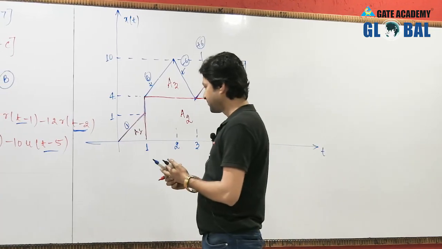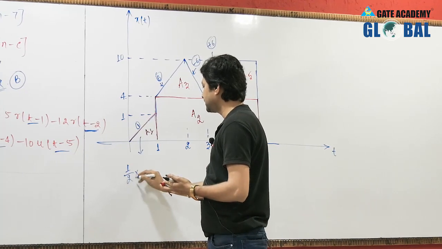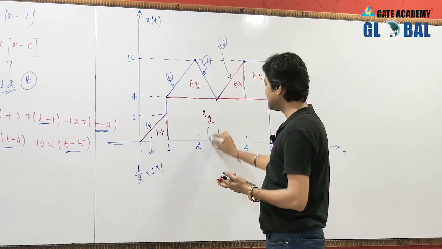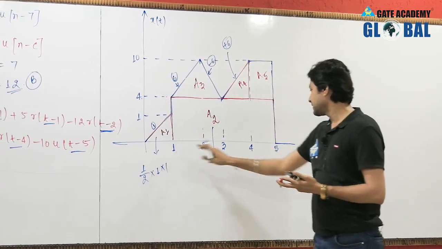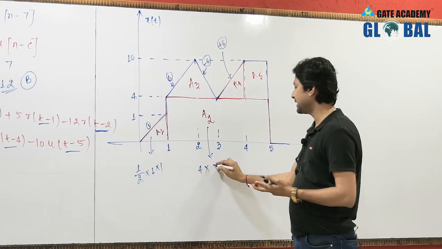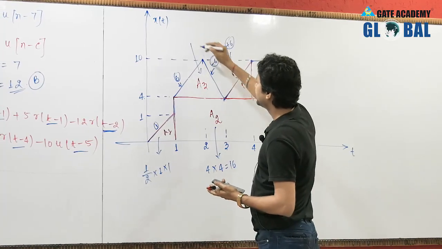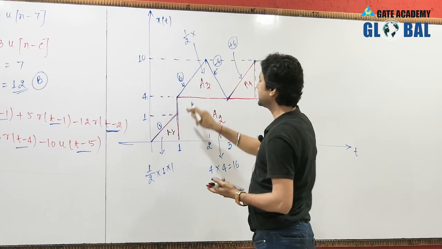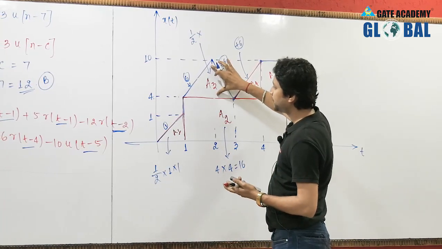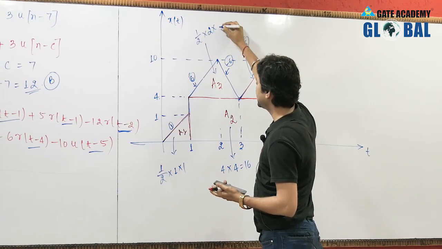So A1 is what? A1 equals 1 by 2 into width of the triangle, which is 1, and height, which is 1. Therefore, it is 0.5. What is the value of A2? Width is from 1 to 5, that is width is 4, and height is 4. Therefore, it is equal to 16. What is the area A3? 1 by 2, width is from 1 to 3, that is width is 2, and height is 4 to 10, that is 6. 1 by 2, width is 2 and height is 6.